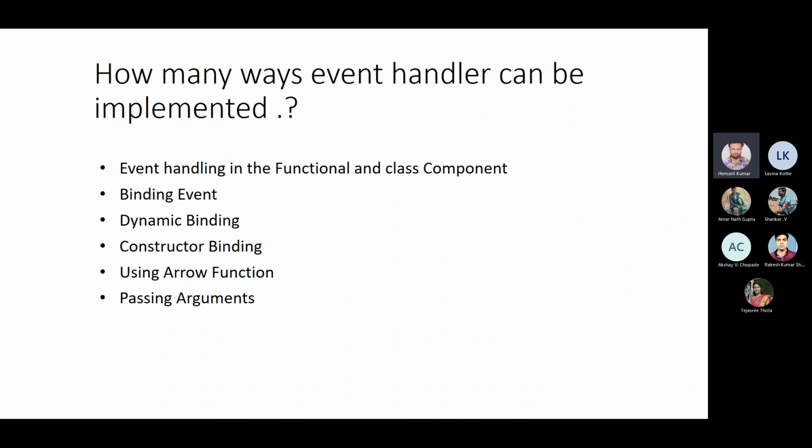Mostly binding is required in scenarios where we are touching any class object, in terms of the props or the state, to manipulate those things. And the last one is the argument. On click, if we want to send some argument, how we send it, we'll see in the practice session. So moving to the next slide.